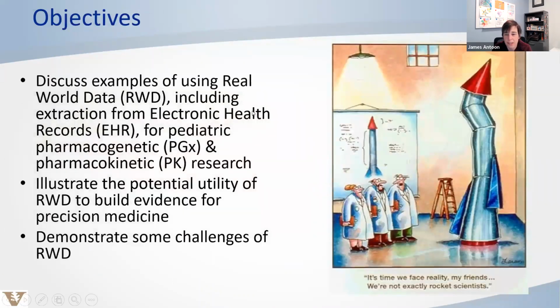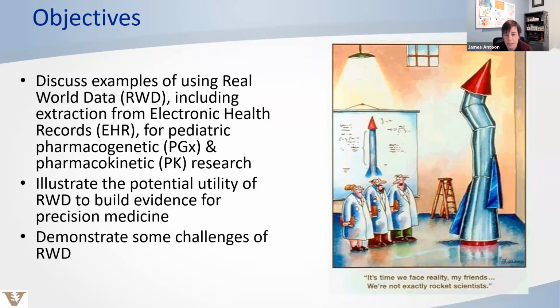So specific objectives for this talk include talking about some examples of RWD, as I mentioned. And really the goal is to illustrate the potential utility for these data to build evidence for pediatric precision medicine. But also, and equally important in my mind, is to demonstrate some of the challenges of real world data, because it is not a simple out of the box solution to answer every research question we come up with.